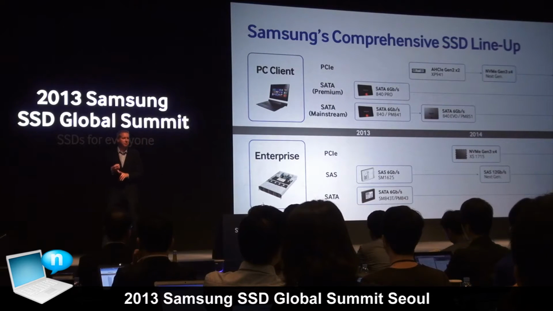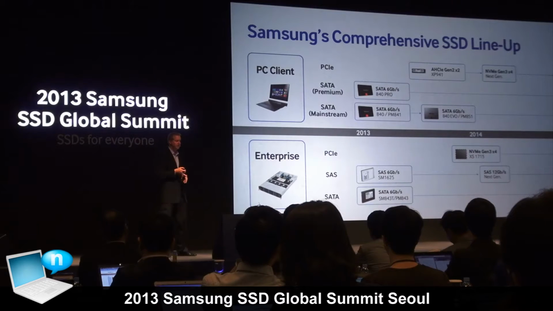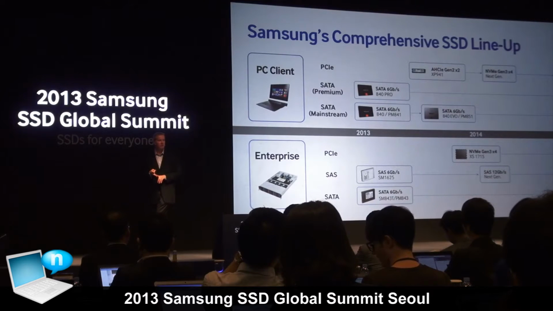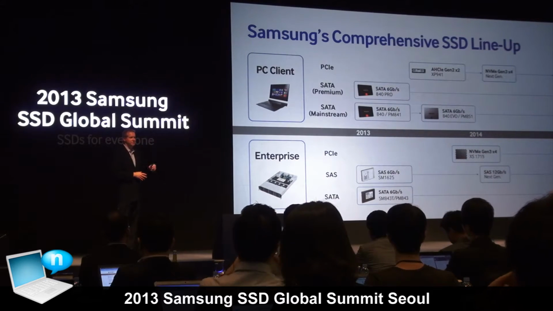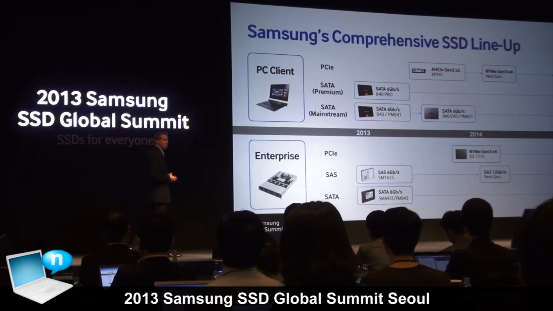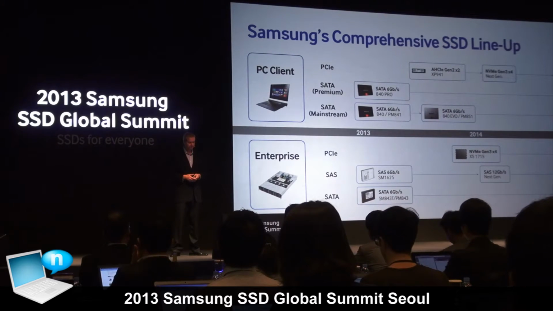So every conceivable form factor, every conceivable interface. And on the enterprise side, SATA, we've had for many years, moving into SAS, and then looking at PCIe in the future as well. So again, breadth of product, breadth of form factor, and then our vision for the future is to maintain our leadership in all of these key market segments and applications.